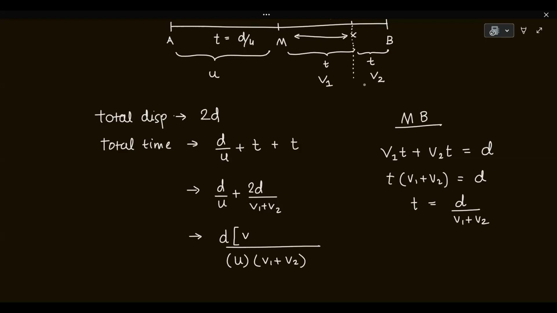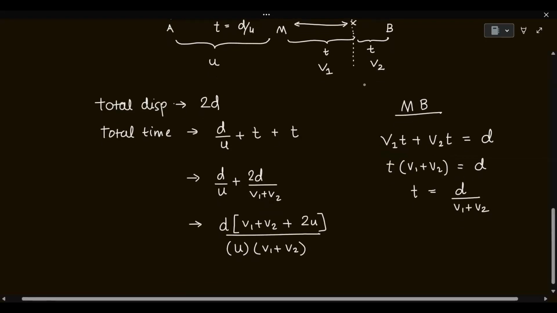The first term will be v1 plus v2, and the second term will be 2 times u. Everybody understood what I did? I just took the LCM and took d common from both the terms, kept it outside, and then took the LCM of u and v1 plus v2. So v1 plus v2 gets multiplied here and u multiplies here. So it's v1 plus v2 plus 2u divided by u times v1 plus v2.